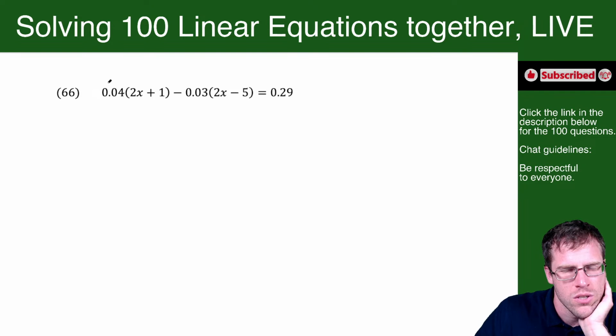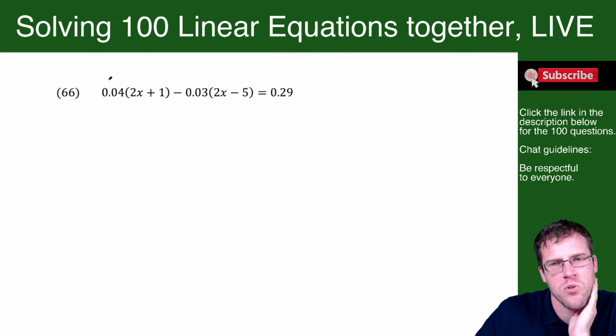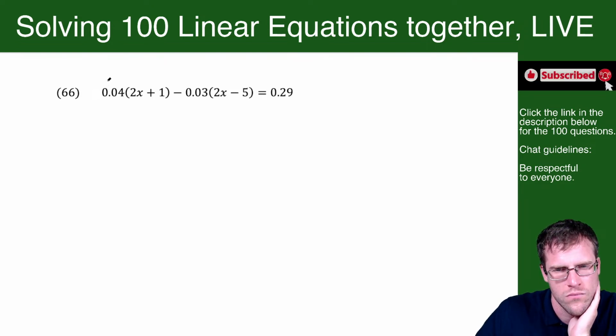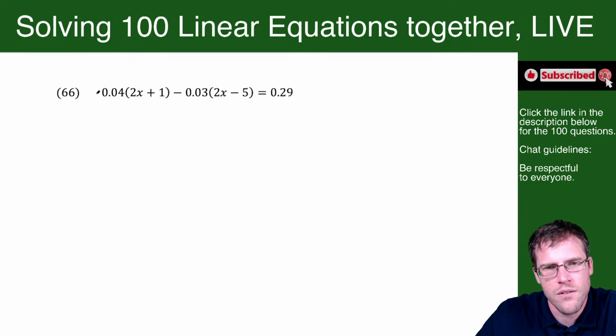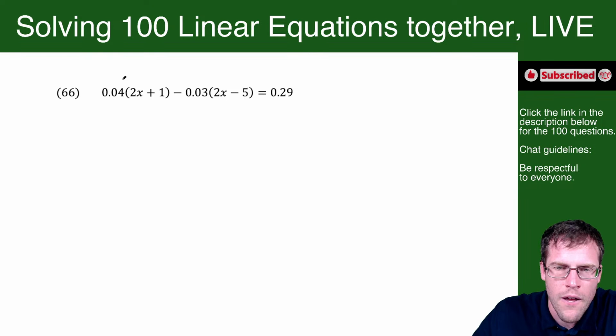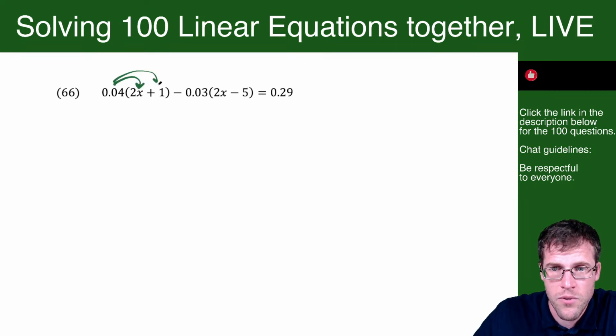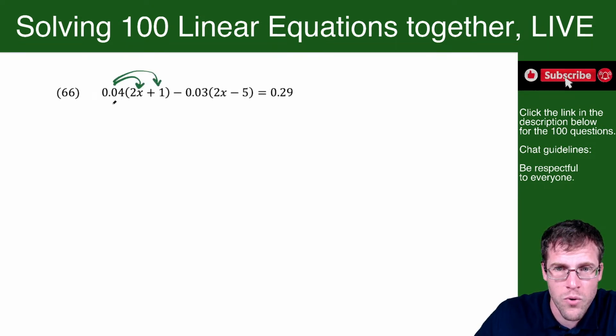Decimals. There's a way to avoid decimals altogether. I think this is worth showing. Oh, you know what? I'll solve this the painful way, and then I'll show another way to do this as well. So if we just start this, distribute, 2 times 0.4 is 0.08.